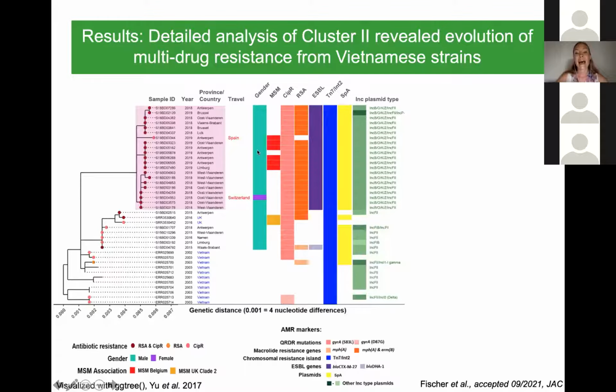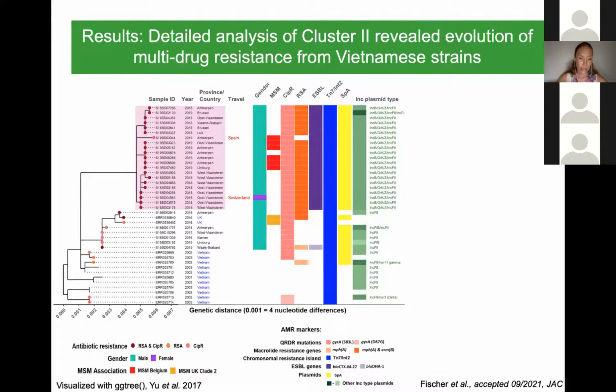And we can then add the heat map, which before was represented as a circle around a tree. We can also add it here in a linear fashion to represent, in this case, gender, MSM association, and various antimicrobial resistance patterns. If we look at the tree this way, we can see, going further down in the phylogeny, that our Belgian isolates were closely related to isolates from the early 2000s coming from Vietnam.